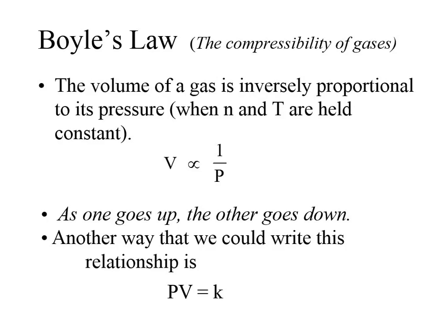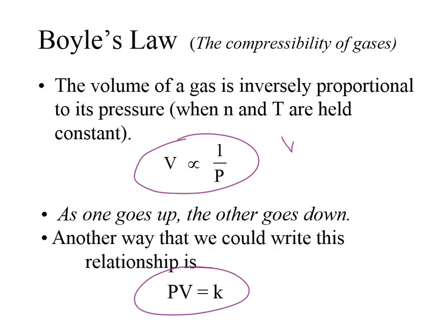Now, gas law problems are a little algebra intensive. Let me show you how we got from here to here. We could say that volume is equal to 1 over P times K, right?